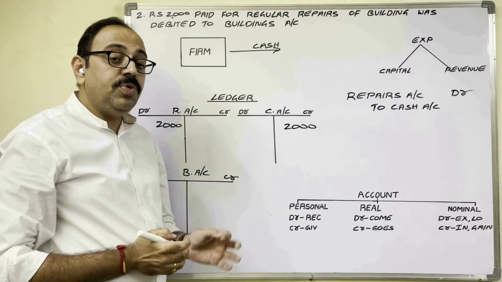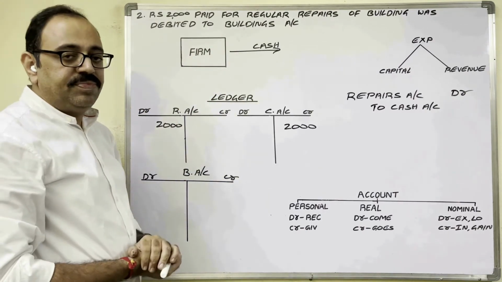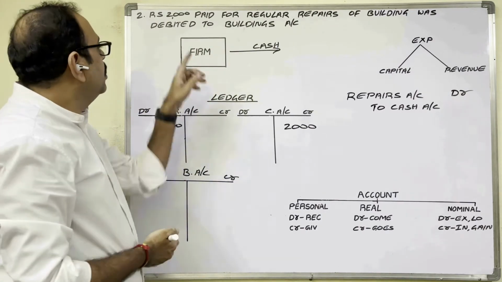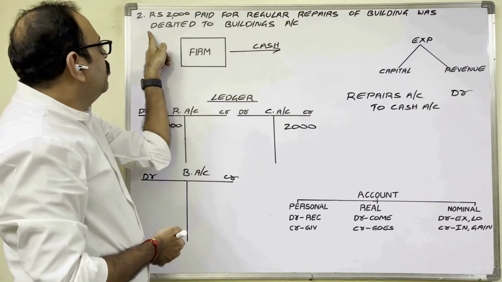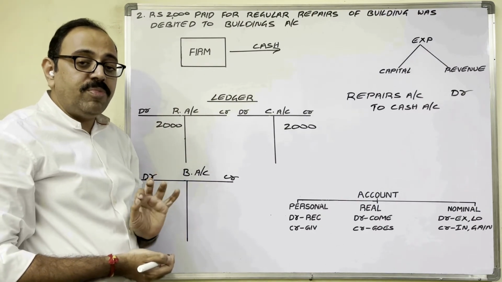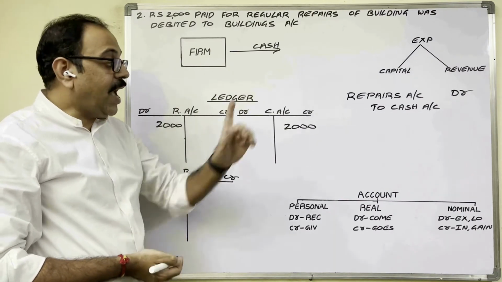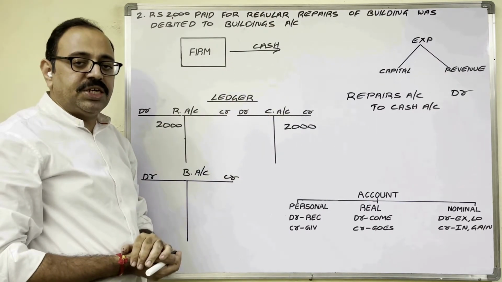Now, the last step to write the rectification of error entry is to observe the mistake. What mistake did the accountant make? 2000 paid for regular repairs of building was debited to buildings account. So the accountant is not maintaining a discrimination between capital expenditure and revenue expenditure. This is revenue expenditure in nature.